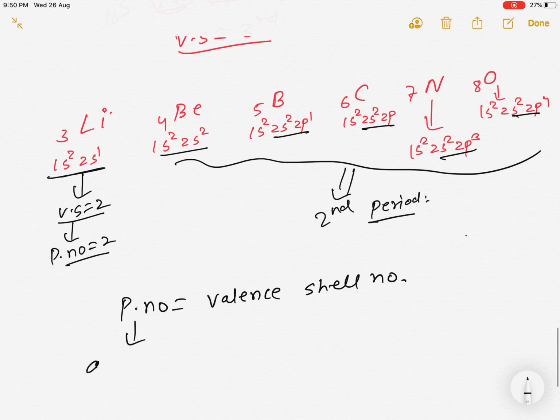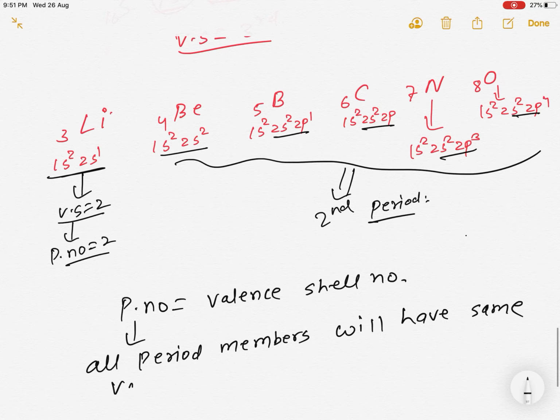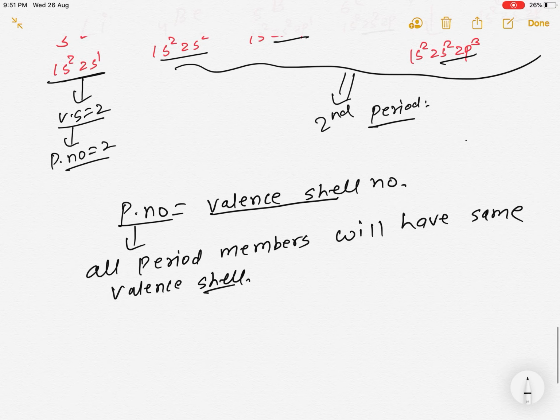So can we say that all period members will have the same valence shell? If the valence shell is the same, then only the period number will be the same for two or more elements, right?